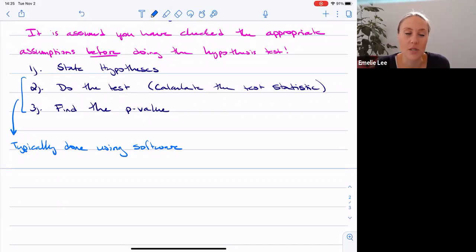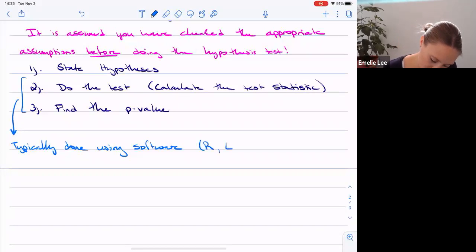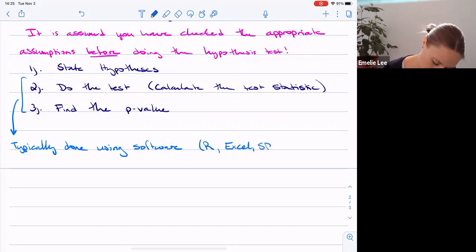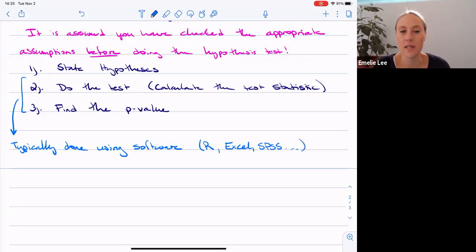Even if you had summary statistics, it just gets a little bit old. So we're going to be using software, which could be R, Excel. There's tons of other ones, SPSS, the list goes on, right?